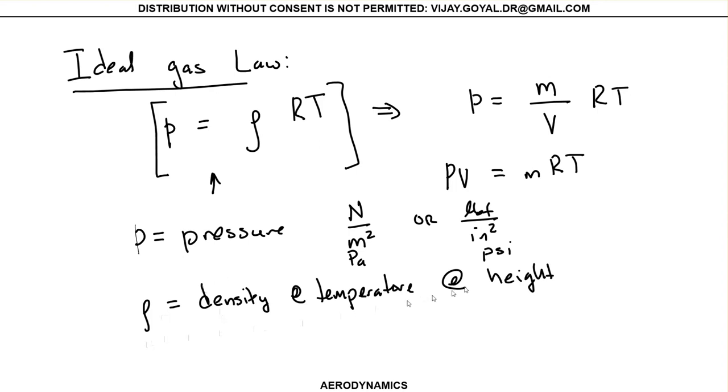It is given by kilograms divided by m cubed, or slugs divided by inches cubed. T is temperature, given in kelvins or Fahrenheit.